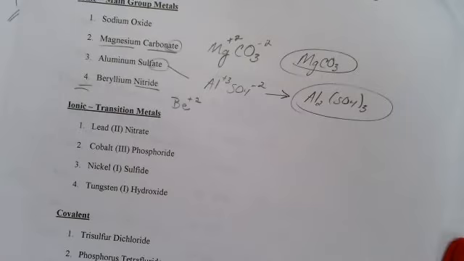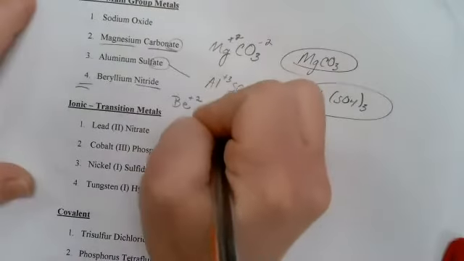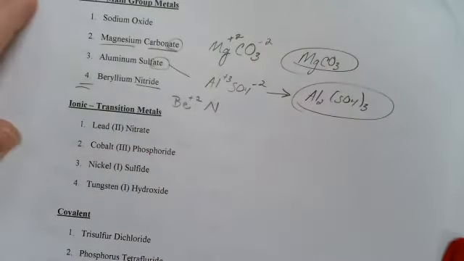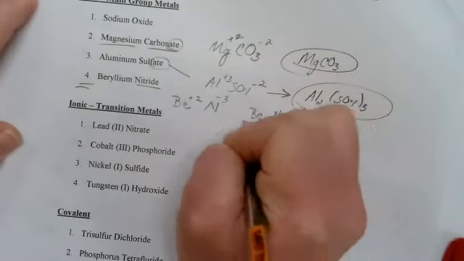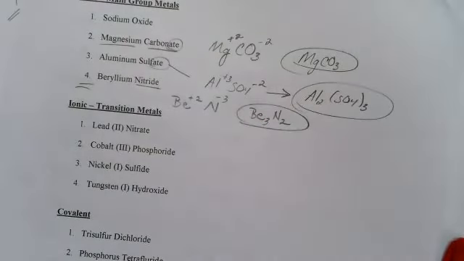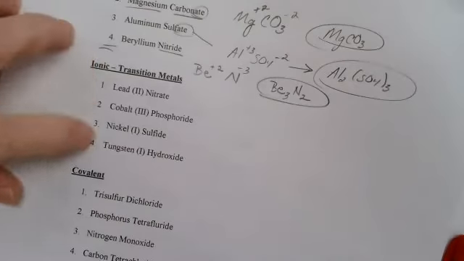Some do end in ide, but if it's nitride, is that a polyatomic ion? It would just be monoatomic. It's just nitrogen existing as our anion. What charge will that be? You got it. And so same thing, lowest common multiple. So Be3N2. Our name gives us our cation and our anion. It's up to us to balance to deliver a correct formula. Good? Okay.